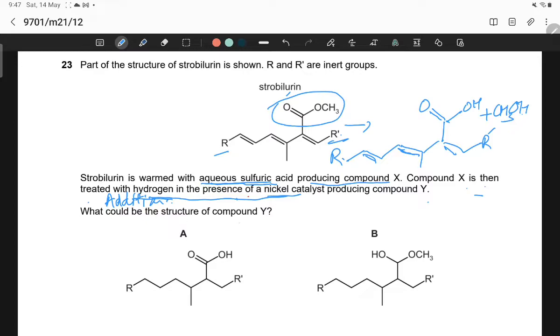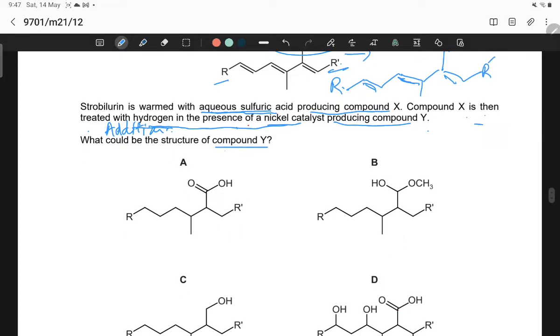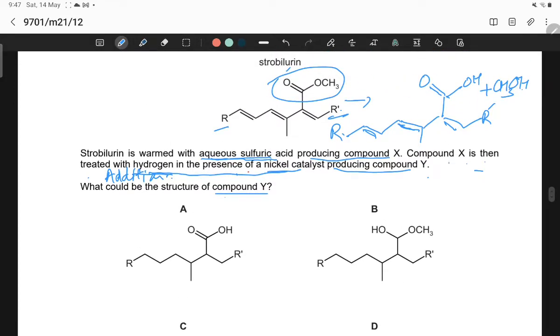So what could be the structure of compound Y? Numbering the carbons 1 to 6 and 1 to 8.